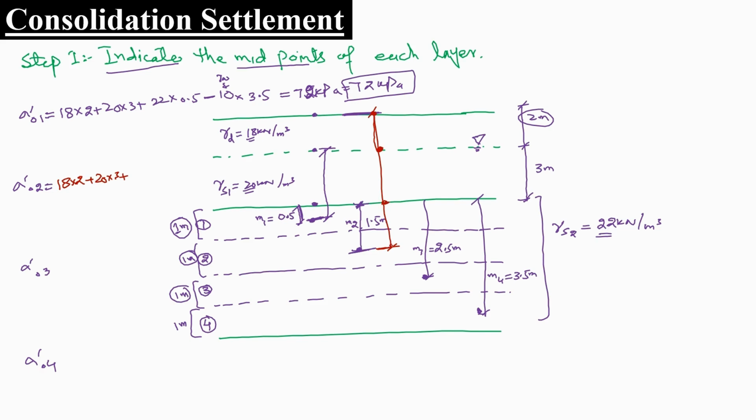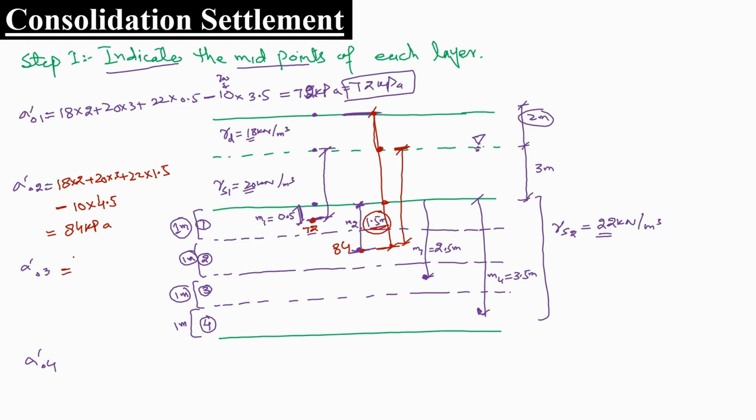From this point to midpoint, the depth is 1.5 and unit weight is 22 multiplied by 1.5, and subtract the pore water pressure. This is 10, unit weight of water, into height of midpoint from water table. So water table is at a height of 3 meter plus 1.5. This will be 4.5. So simply this will be 84 kilopascals. So at this point, the stress was 72. At this point, the stress is 84.